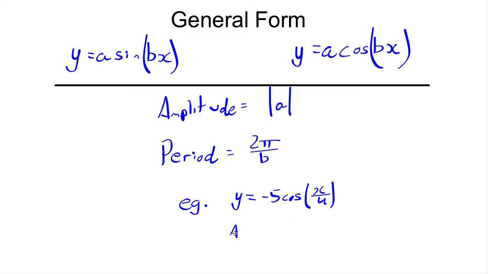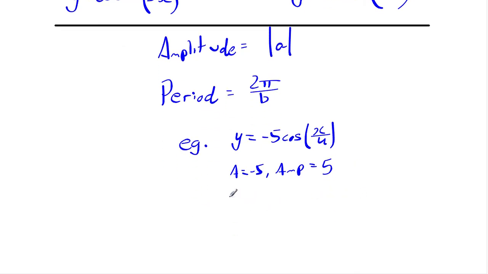Here a is equal to negative 5, so the amplitude is equal to 5, absolute value. And because b is equal to 1/4, notice we're dividing x by 4, which is the same as multiplying x by 1/4. This means that the period is equal to 2 pi divided by 1/4. That's going to be 8 pi, because when we divide by a fraction, we multiply by the reciprocal.